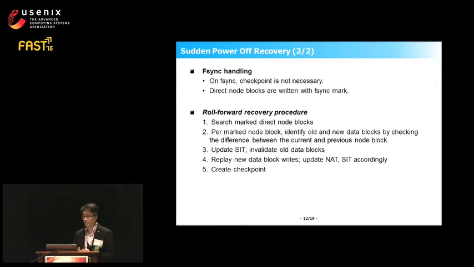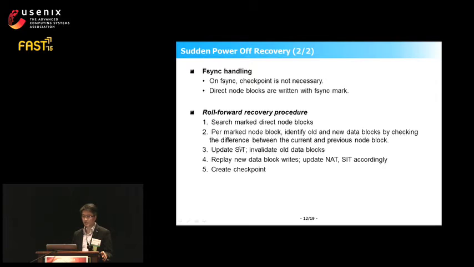In the roll-forward recovery procedure, we recover the Fsync data by searching for the direct node blocks which have the Fsync mark. First of all, we start by searching the marked direct node blocks, and then for each marked node block, we identify the old and new data blocks by checking the difference between the current version and the previous version.